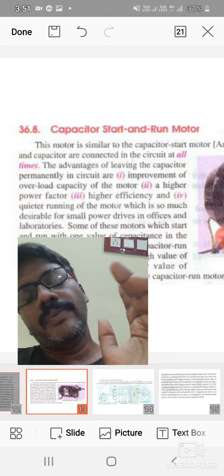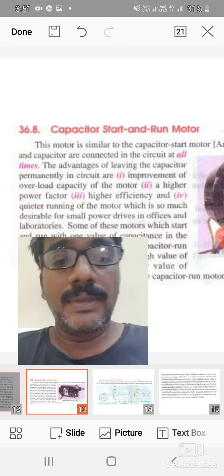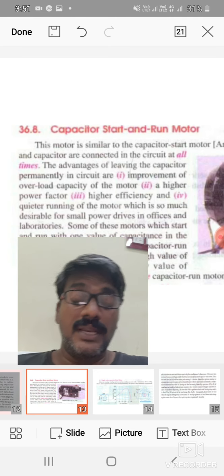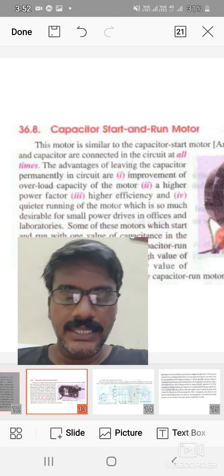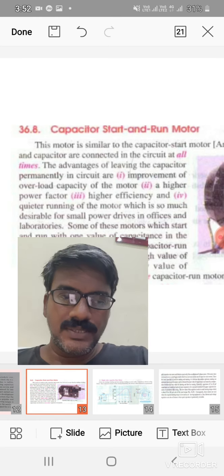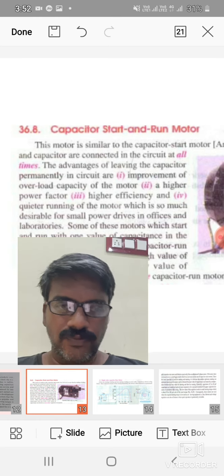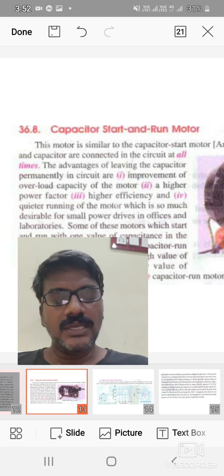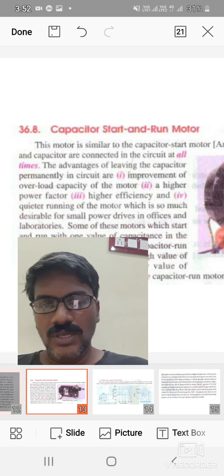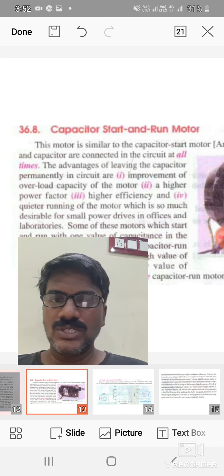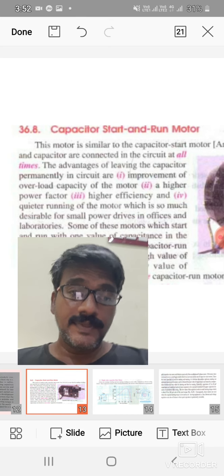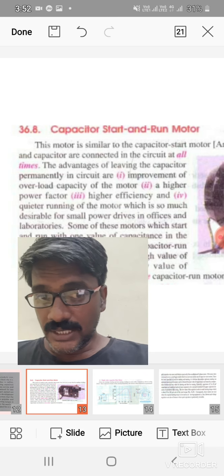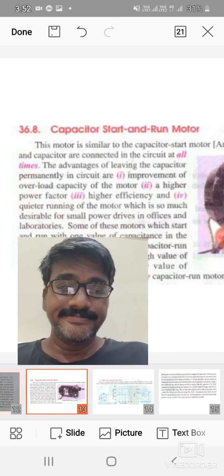But in the case of a capacitor start motor, only at starting it is connected in series. After 80% of speed pickup, the centrifugal switch is disconnected. So in this case, there is no centrifugal switch at all, right? In a capacitor start and run motor, the capacitor is continuously connected to the circuit, right?